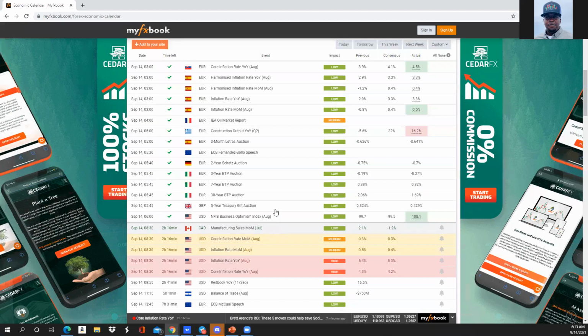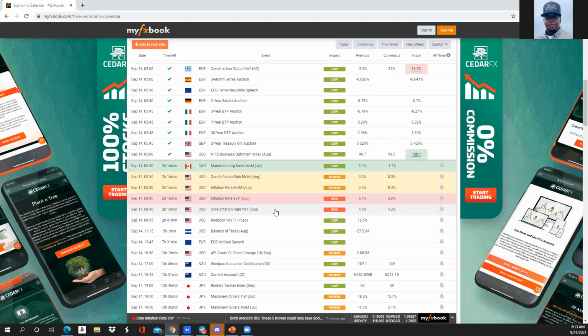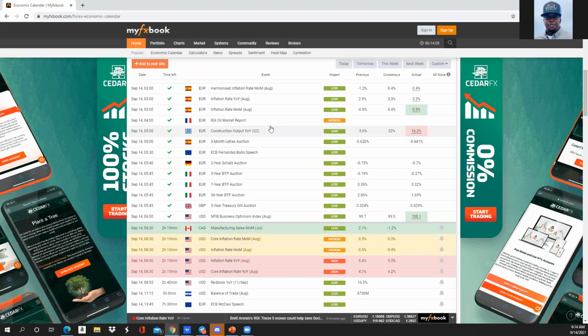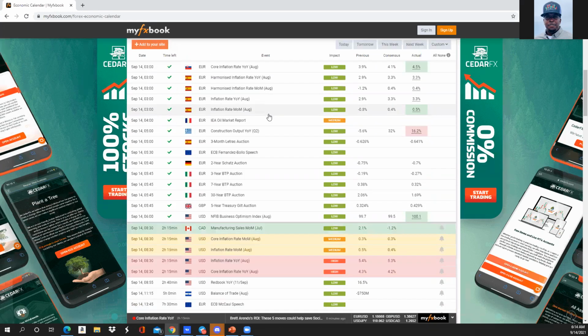US has the inflation rate at 8:30. Nothing big on euro.